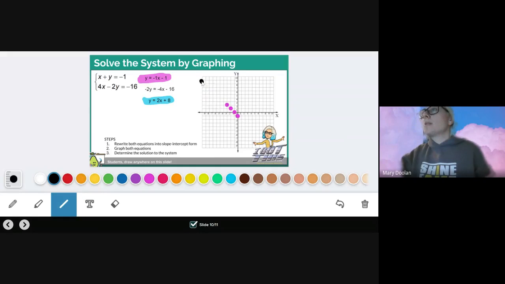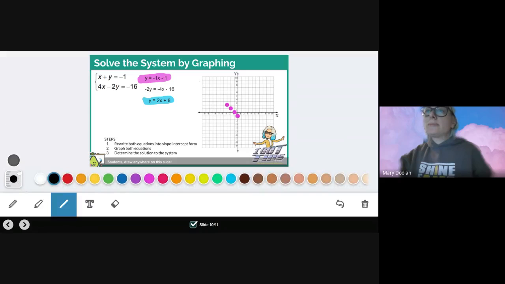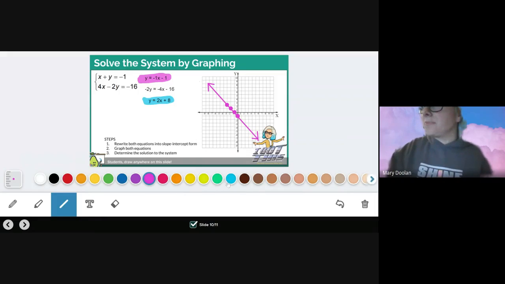I actually want to make this line purple and much smaller. And we put arrows at the end of our line to show that it goes on in both directions.